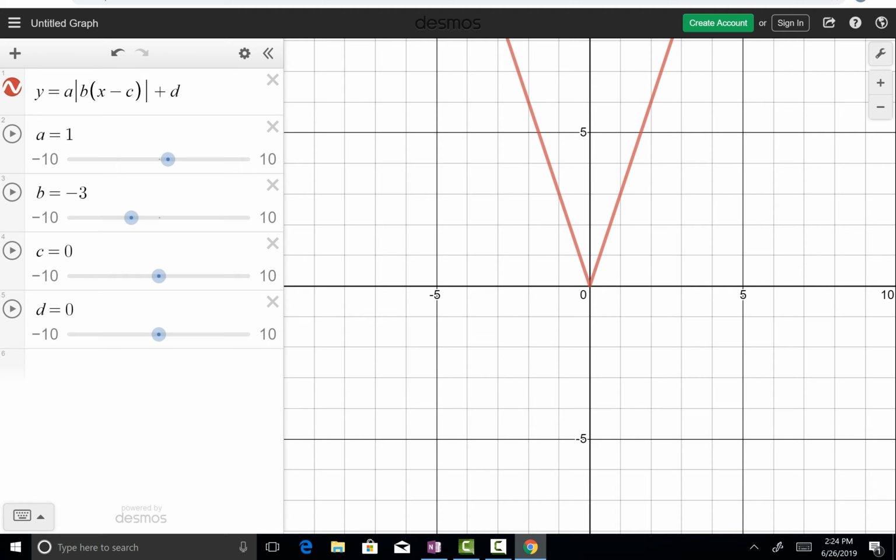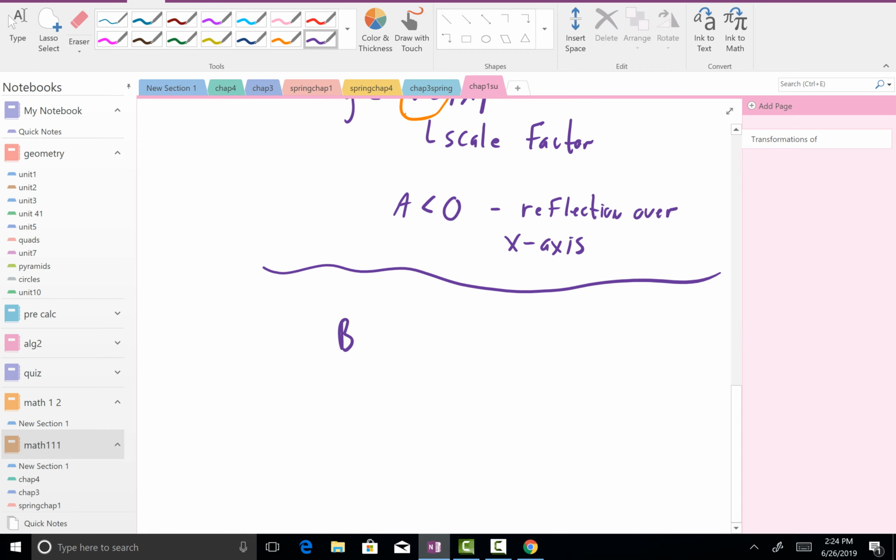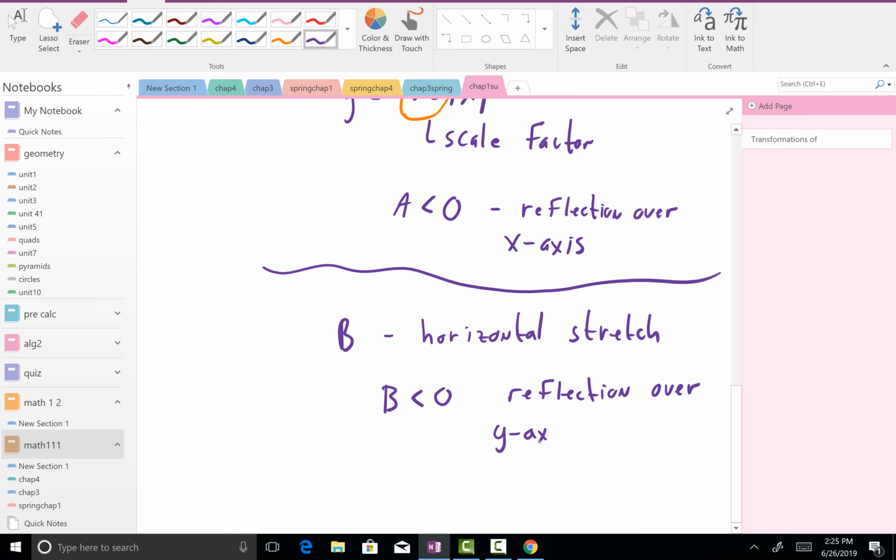But what b is doing is it's taking this graph and it's stretching it, but not vertically, horizontally. So we would say this is a horizontal stretch. And if b is negative, then it's a reflection over the y-axis.